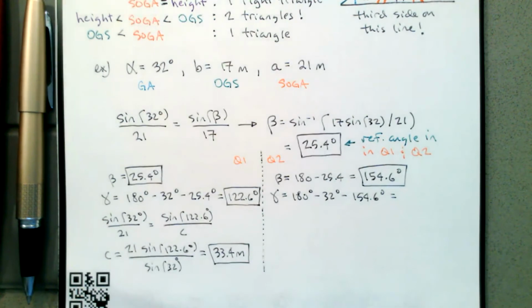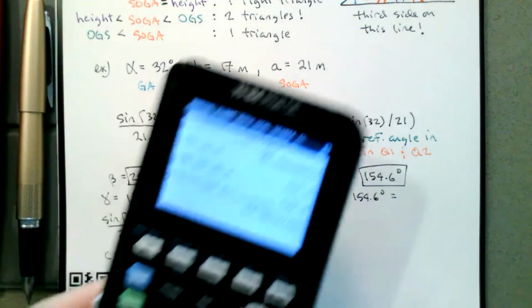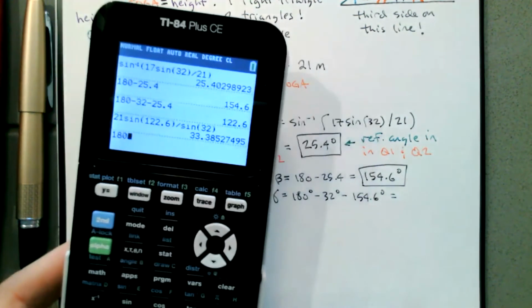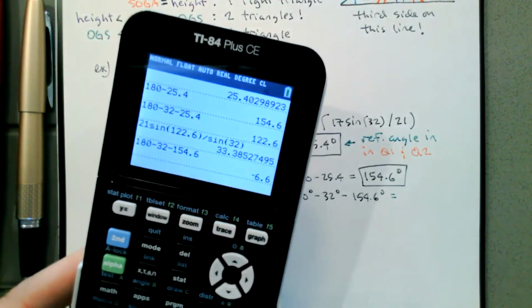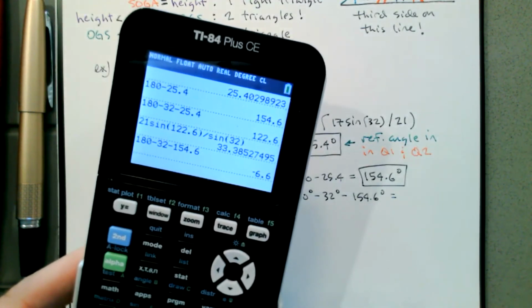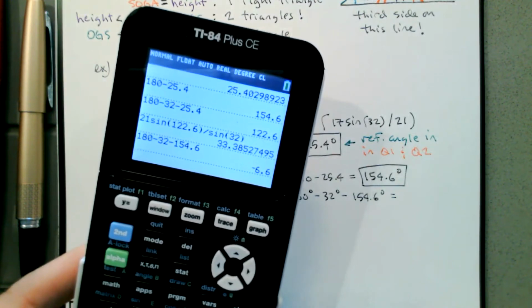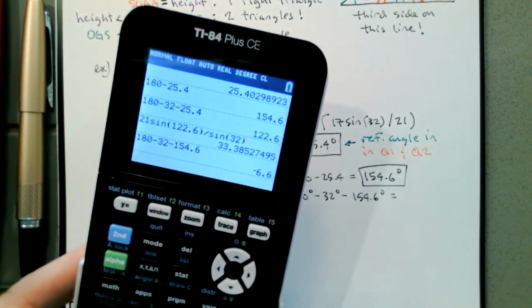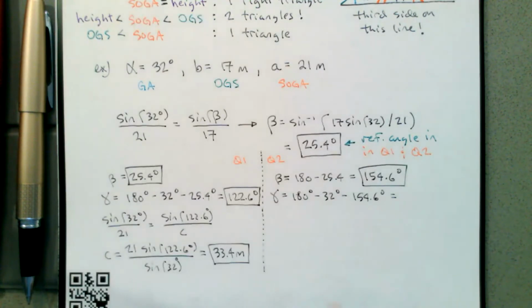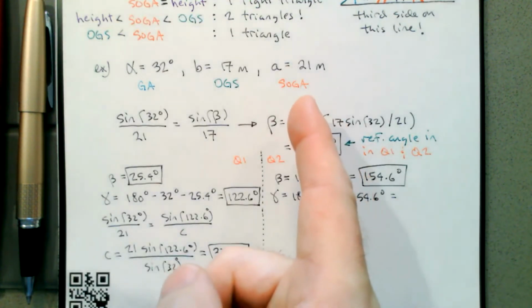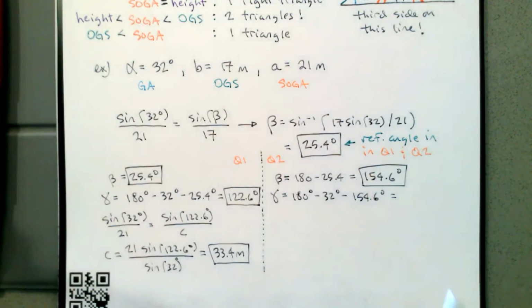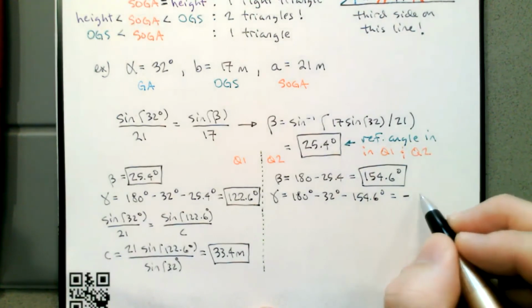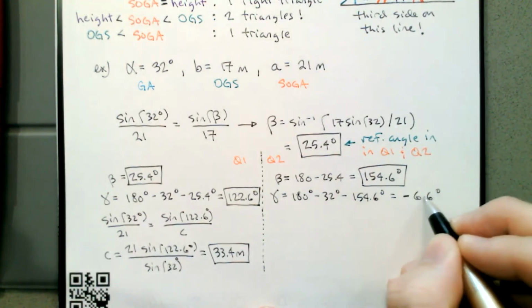Since this angle is coming out negative, we can't have a negative angle in our triangle. And that's when we realize, oh, this wasn't a two triangles case at all. Then we look back and see that the side opposite the given angle was greater than the other given side and say, should have checked, I would have saved myself a little bit of work. So it works out negative 6.6 degrees.